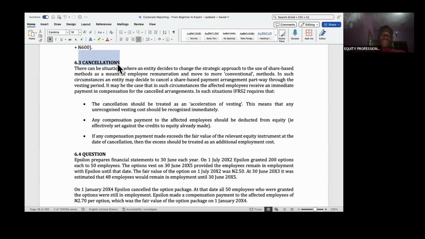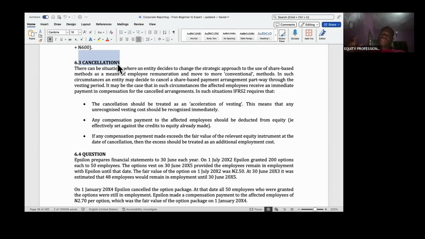That means that value, instead of it vesting in the future as agreed, since the employer says he's not doing it anymore, he wants to cancel, he must be ready to pay that vesting amount. He must be ready to pay it immediately. And that's what we call acceleration of vesting. So cancellation will usually be treated as an acceleration of vesting.